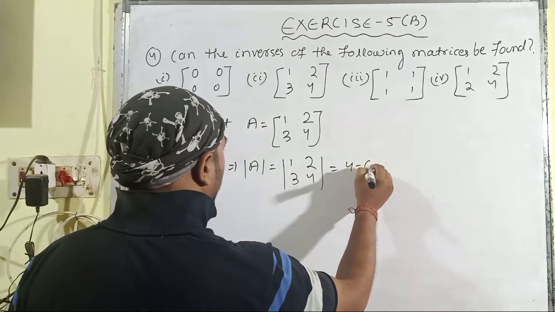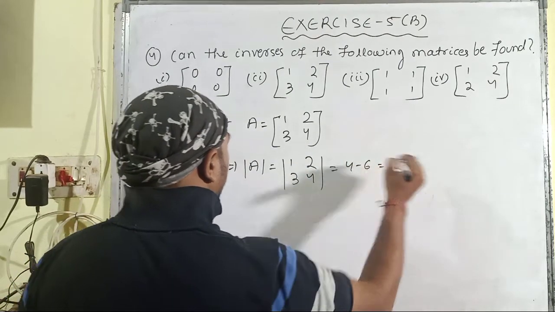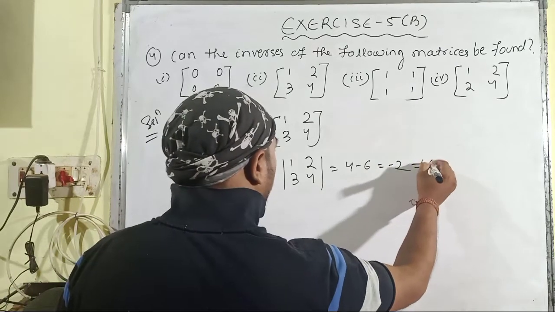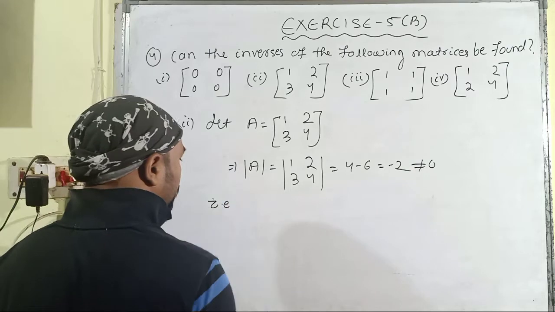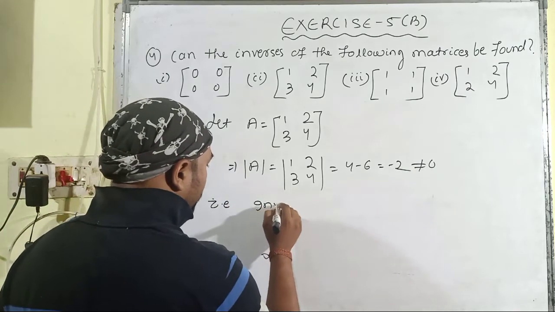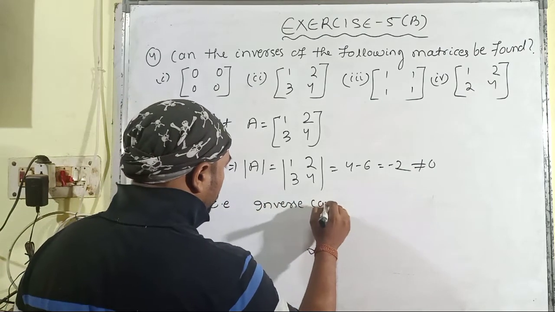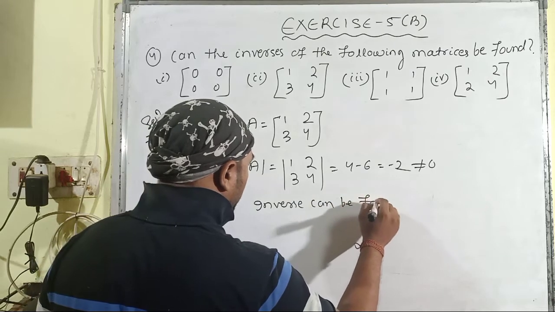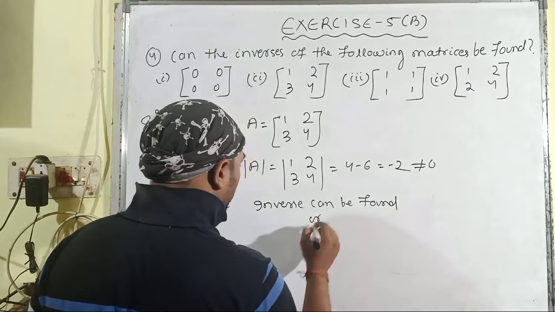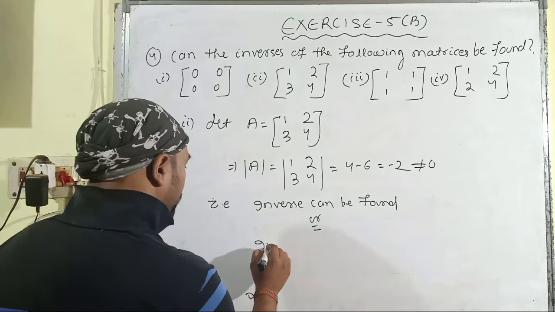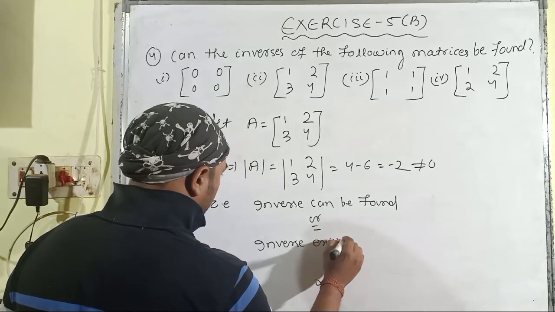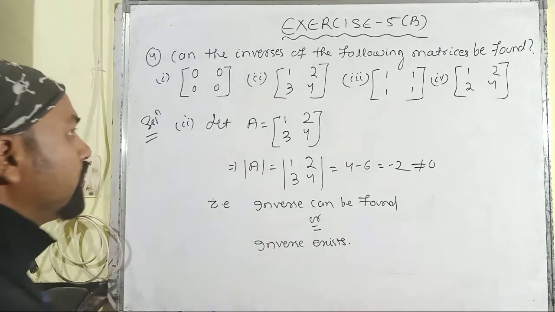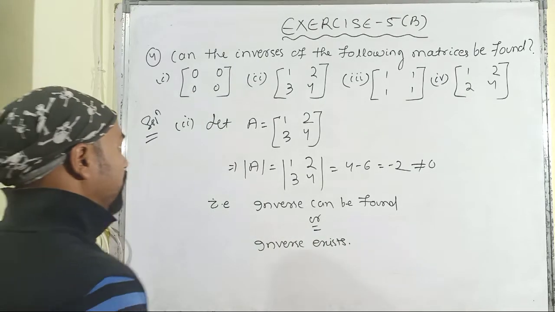Then it is 4 minus 6, it is minus 2, which is not equal to 0. That is, the inverse can be found, or you can also write down the inverse exists.